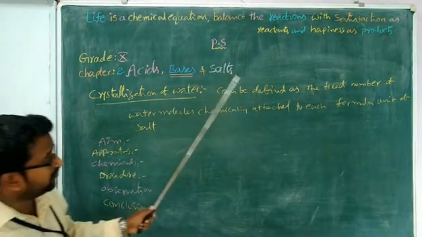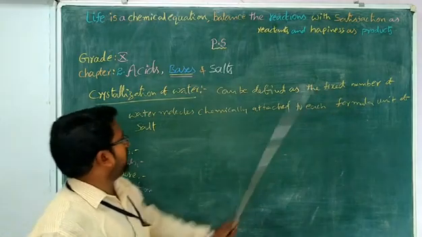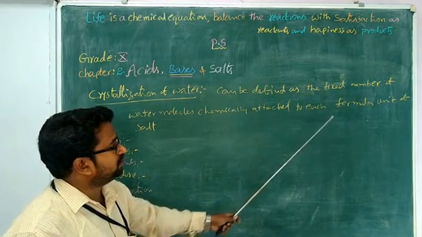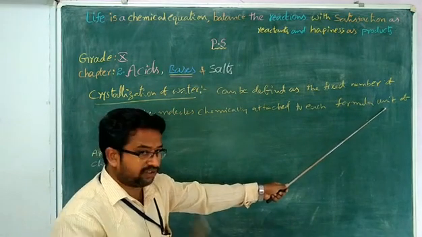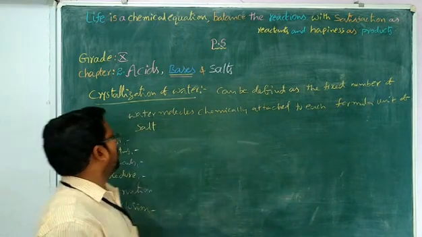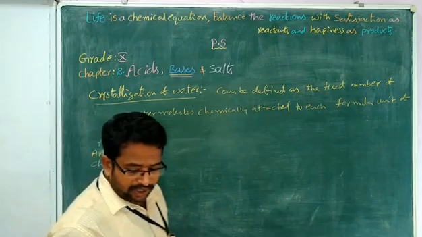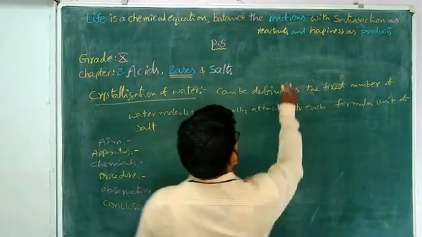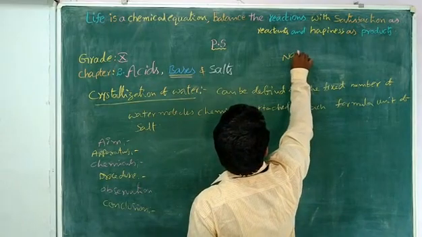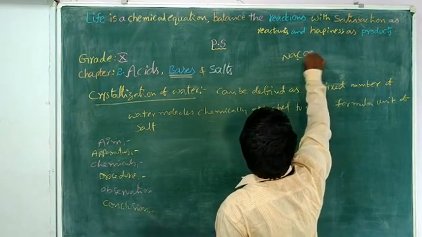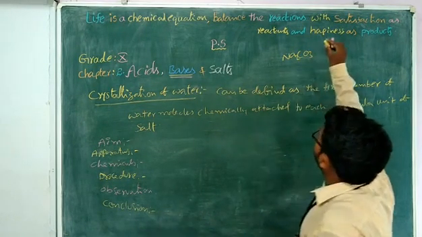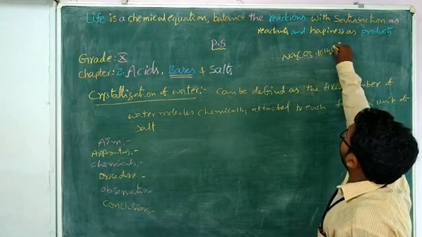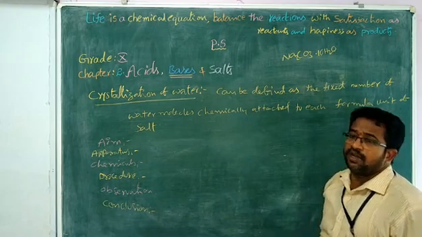Crystallization of water can be defined as the fixed number of water molecules chemically attached to each formula unit. One formula unit is 1 mole of a salt. You have different salts. Like this, we take Na2CO3, sodium carbonate, that is washing soda, which has 10 water molecules along with it.